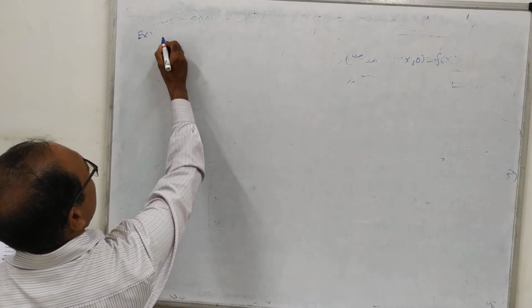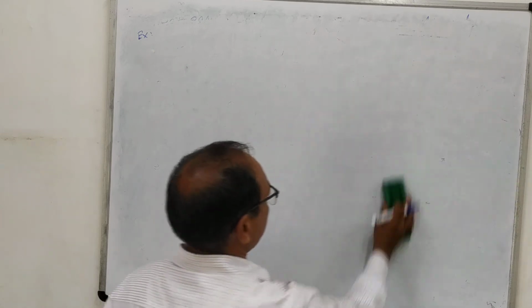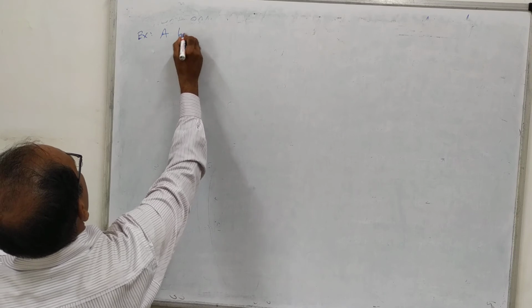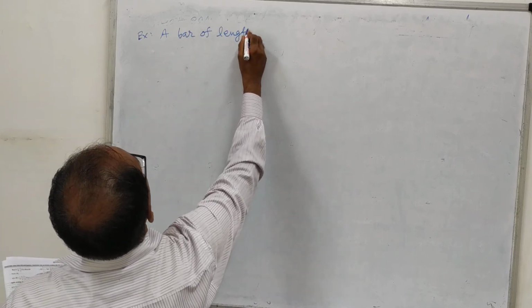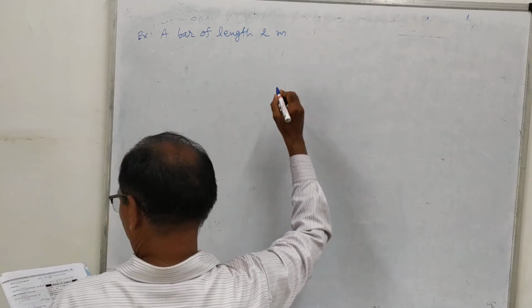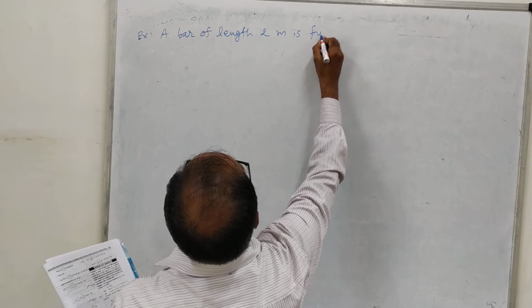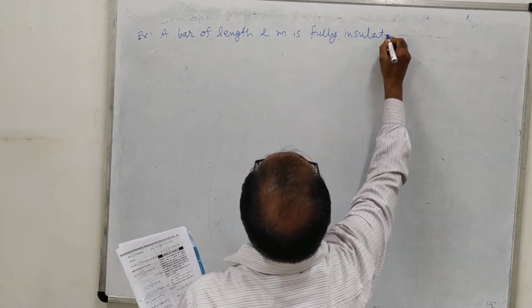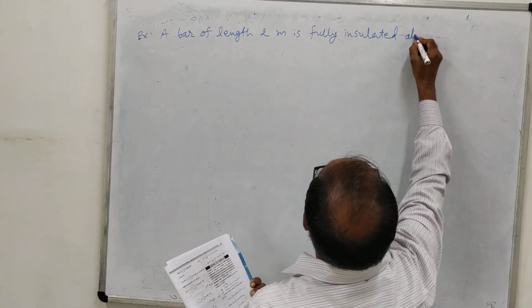A bar of length 2 meter is fully insulated along its sides.